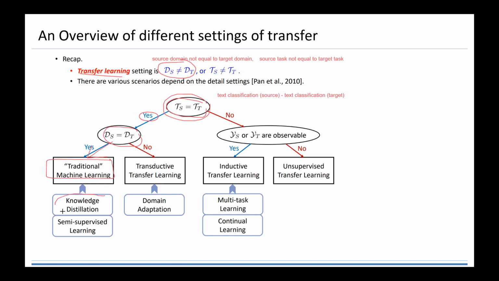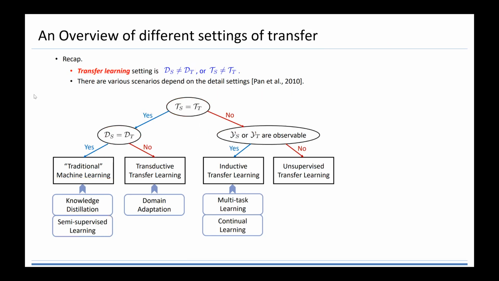In traditional machine learning, we can learn about knowledge distillation, which we will learn about later, and also semi-supervised learning. But if the domain is different, if the source domain is not equal to the target domain, then we can use transductive transfer learning, so we can use domain adaptation.